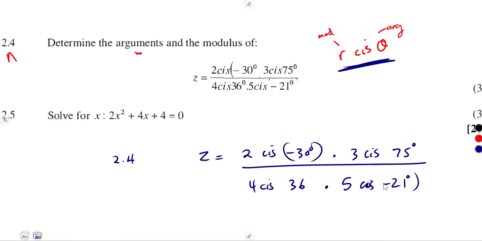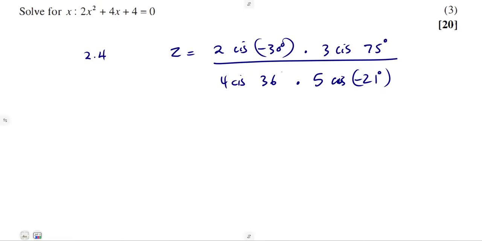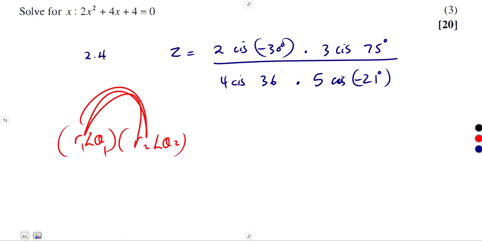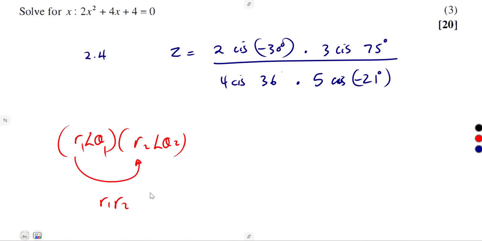negative 21 degrees. So remember, for a product in polar form, r angle theta multiplied by another r angle theta, you multiply the numbers that we are given as the moduli, r1, r2, and the arguments, you add the angles. So this is our condition.